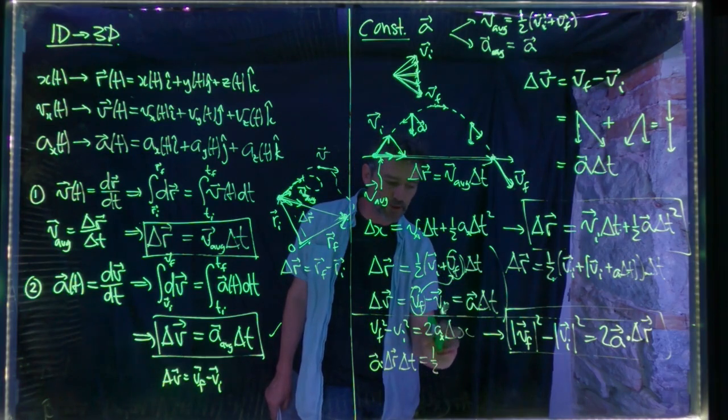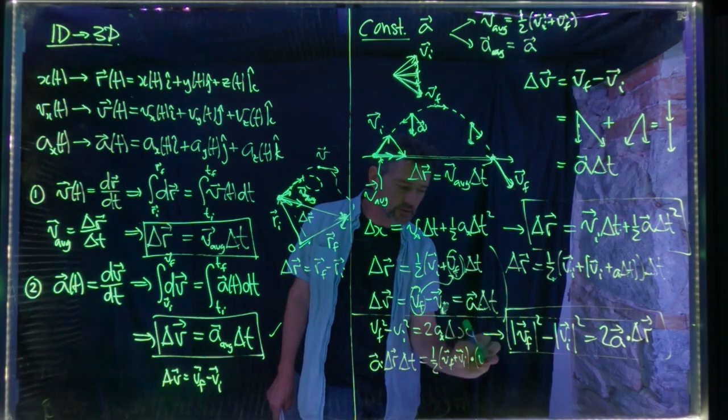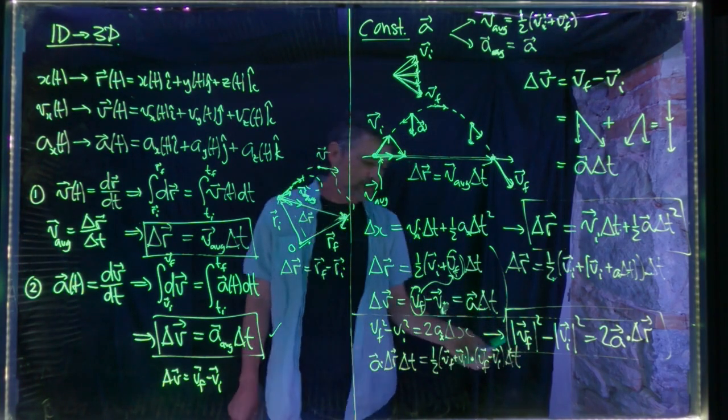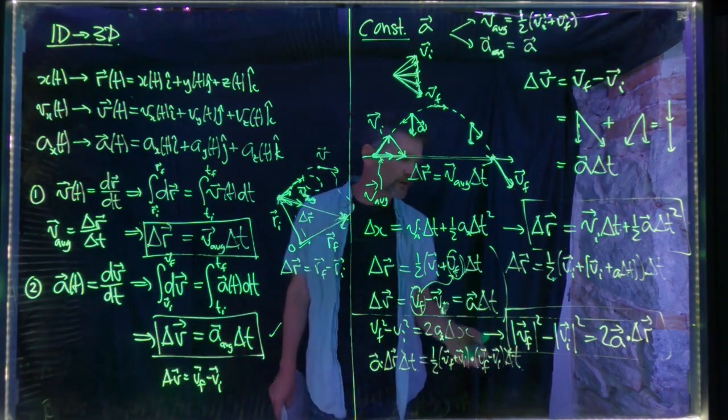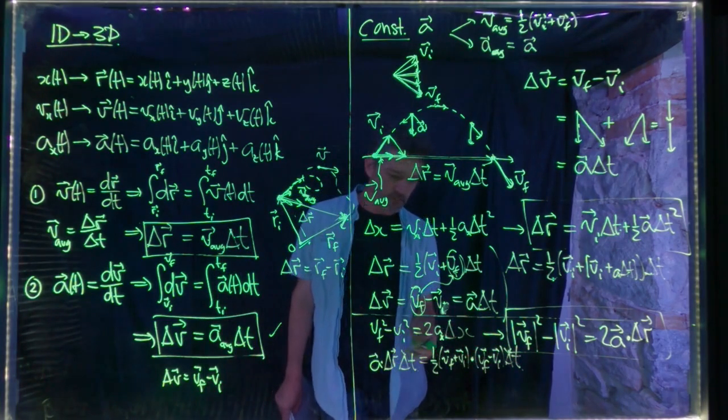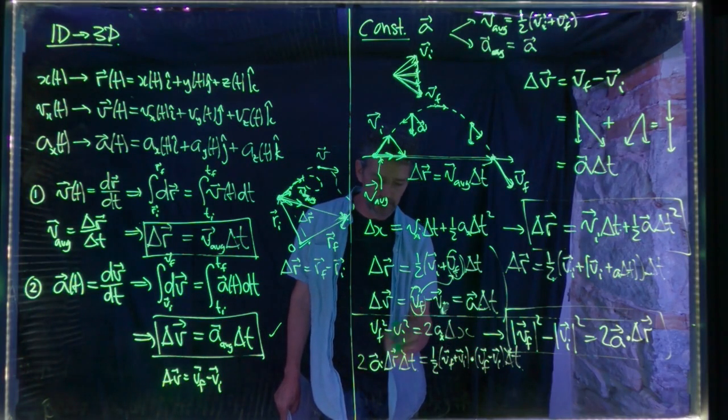And then on the right-hand side, we're going to have this vector dot product with that. So that's going to be 1/2, say, v final plus v initial, vector dot product with v final minus v initial, and then times delta t. Okay? And so the delta t cancels from both sides, and so you can see that we're going to have this result, taking the factor of 1/2 and moving it to a 2 over here.